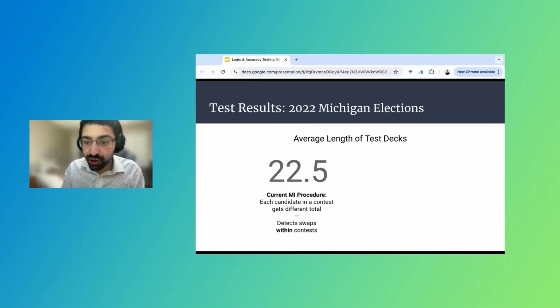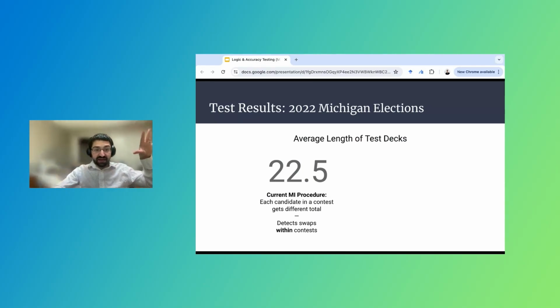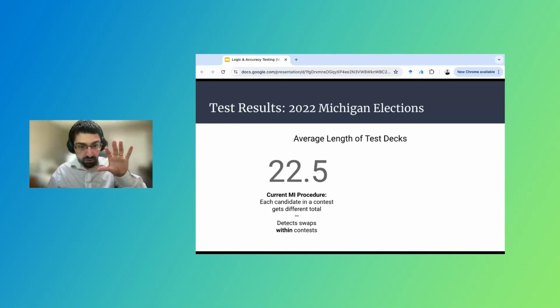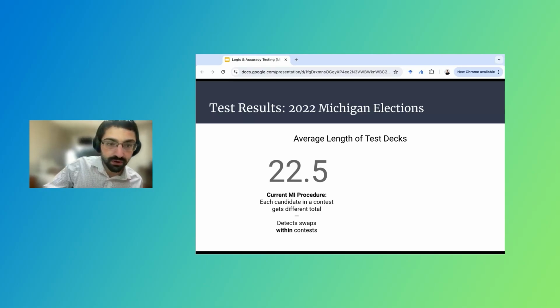Under Michigan's current practice, there are test decks which satisfy the requirement that every candidate within a contest must get a different number of votes. Applying their current practice in that election, on average, their test decks would require about 22.5 ballots. Just a reminder that under their current practice, they are guaranteed to detect swaps within contests, but not across.